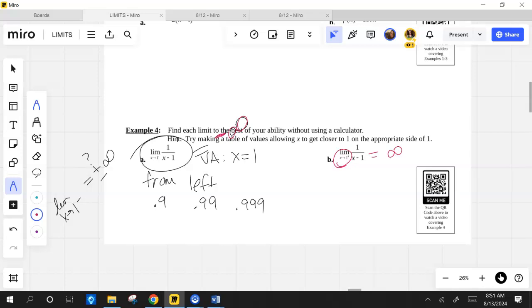So if I'm approaching from the right, think about a number line. Here's 1. If I'm approaching from this way, maybe I plug in like 1.1 or 1.01, am I getting a positive or a negative number? Positive, so it's positive infinity. Easy enough?